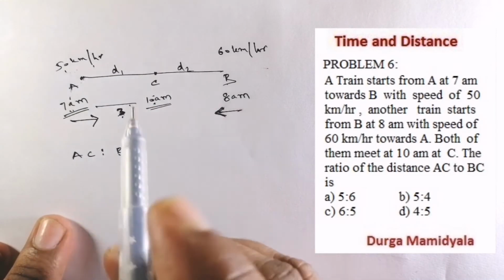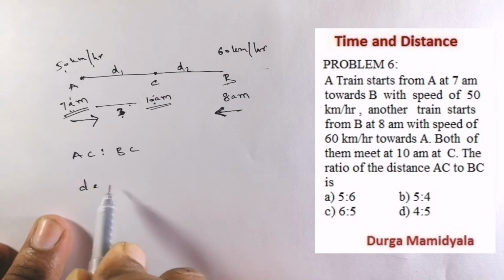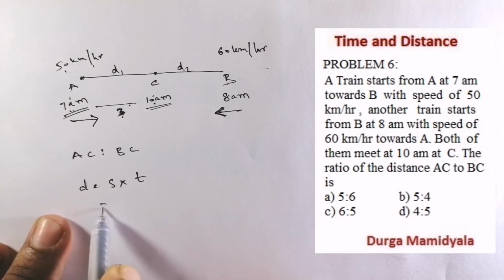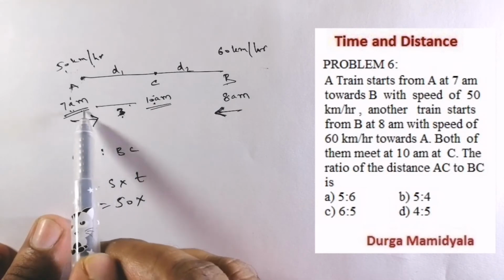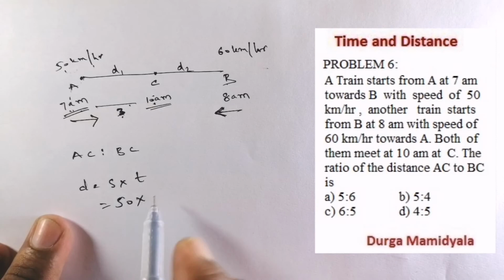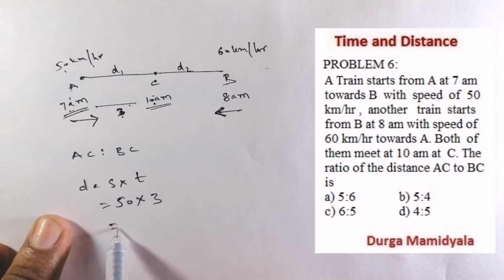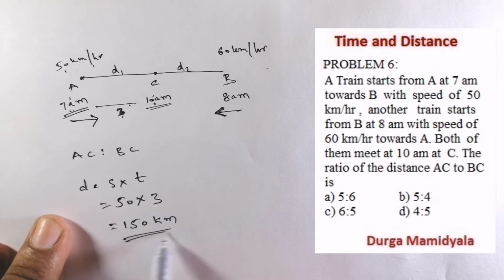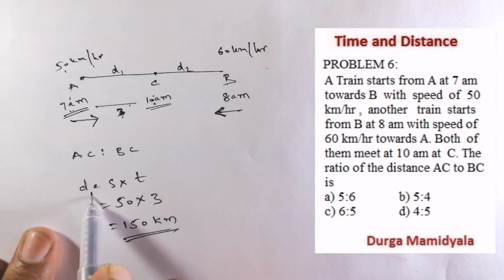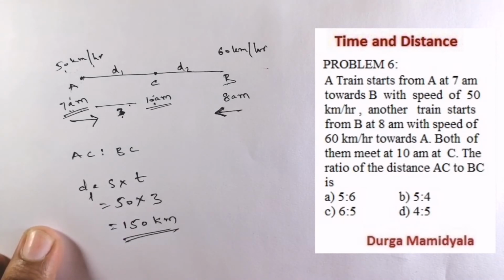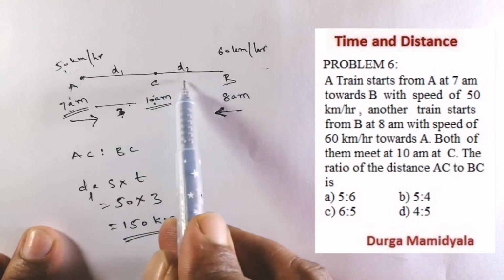The speed of A is 50, and it has traveled from 7 a.m. to 10 a.m., that is 3 hours. So 50 into 3, the distance it has traveled is 150 kilometers. So what is this 150 kilometers? It is D1, right?